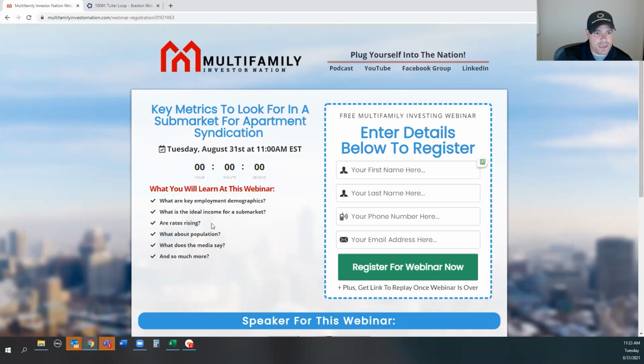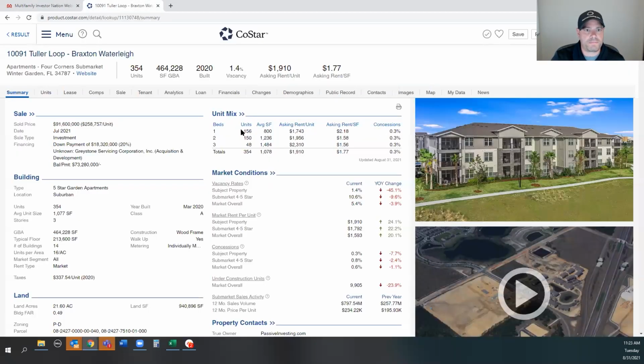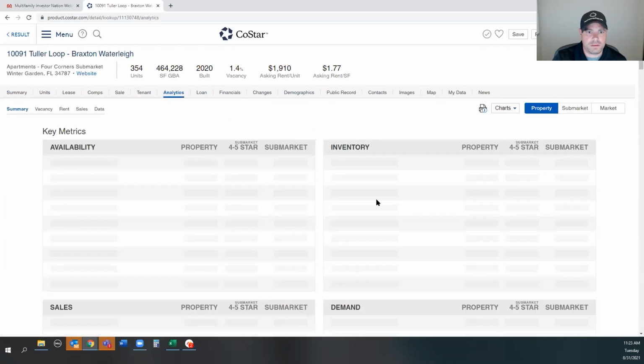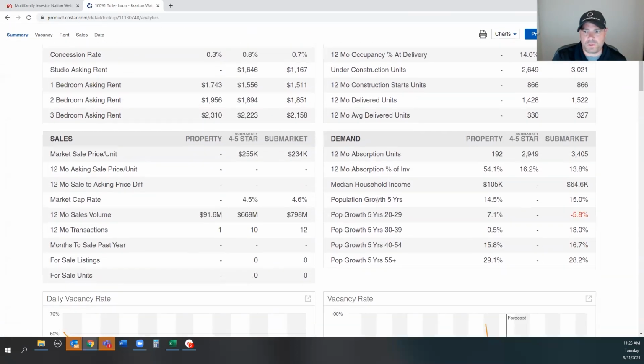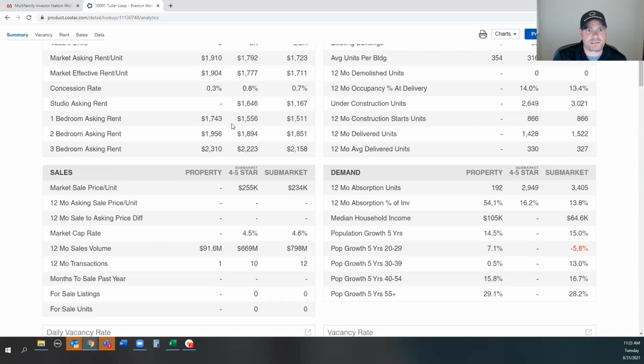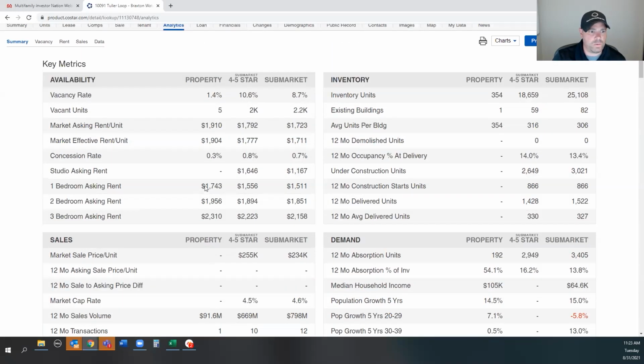All right, and then are rates rising? We looked at that. Let me jump back here. So we're looking at rental rates, asking rents. What are they at? Are they above the average?